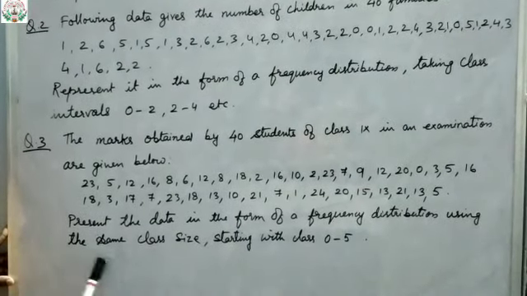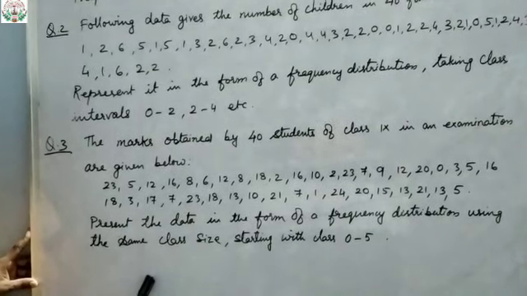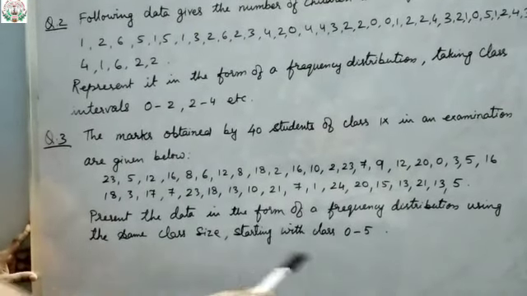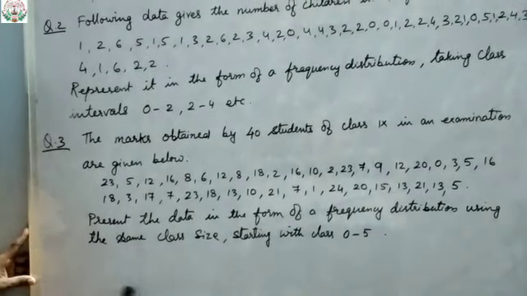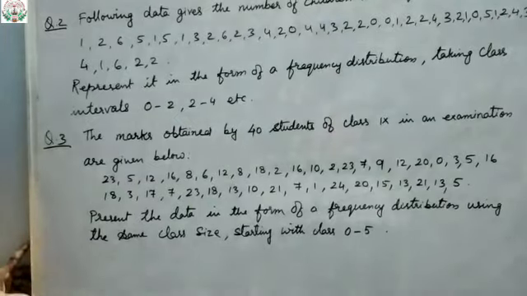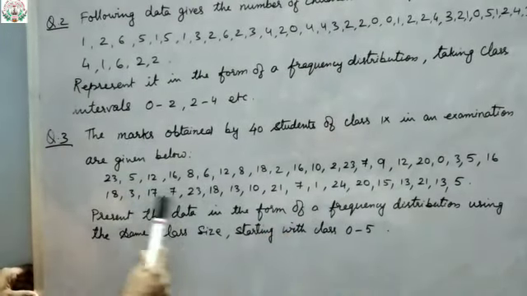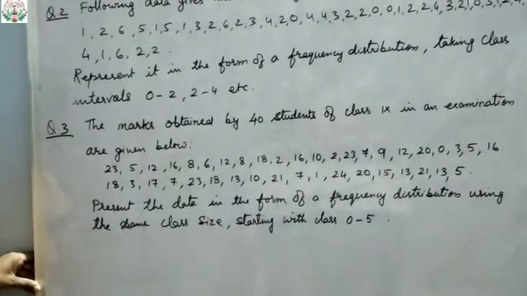First one, marks obtained by the student. Then the first class interval is 0 to 5, so 0 to 5, 5 to 10, 10 to 15, 15 to 20, 20 to 25. Then the last number you see, I think it is 25 only. So the last one will be 20 to 25.